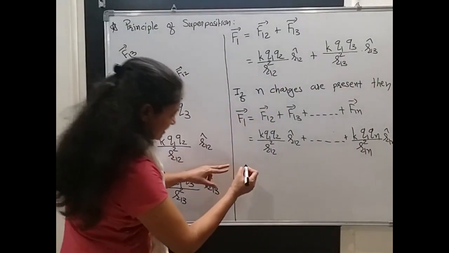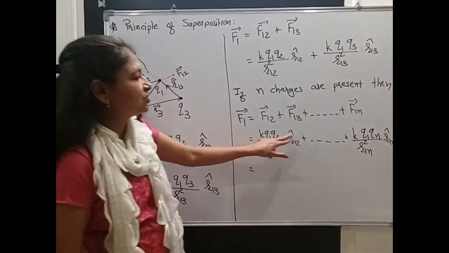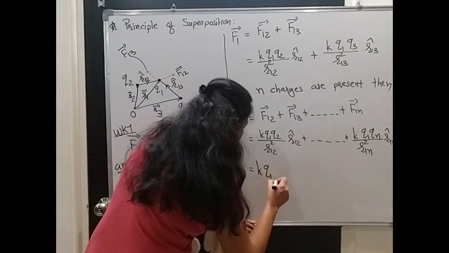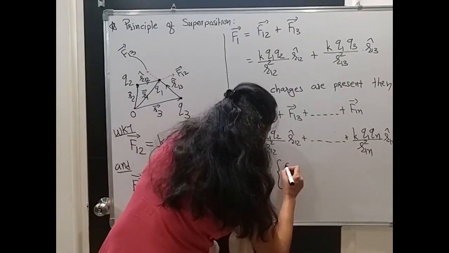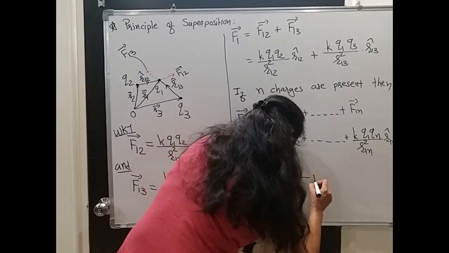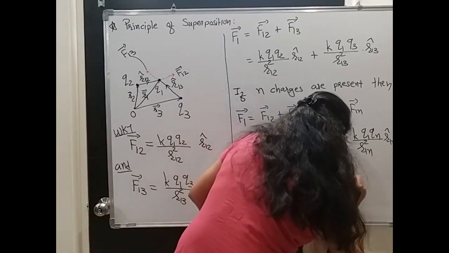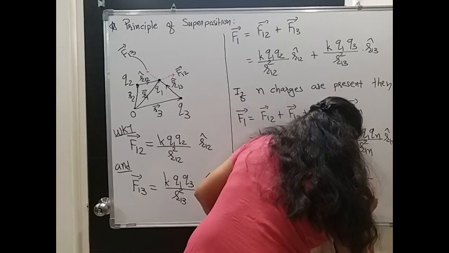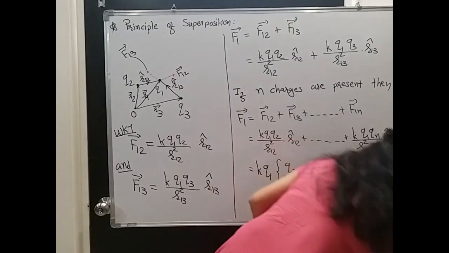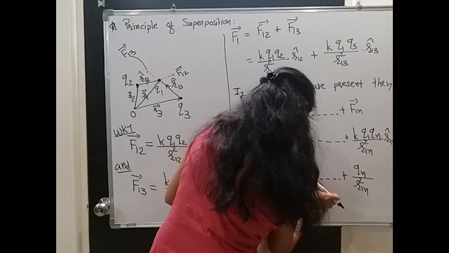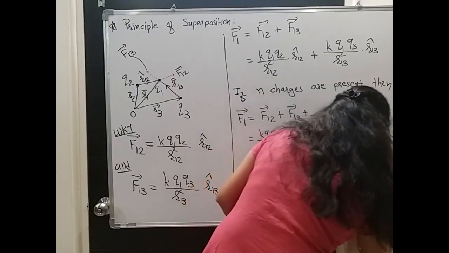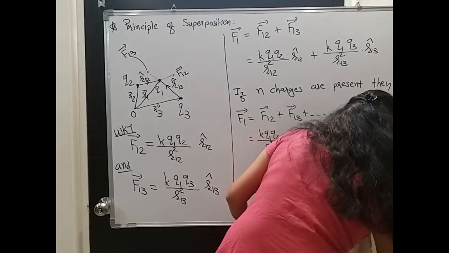Okay, from this I can take, see, each term contains KQ1, so I will take KQ1 common. What is left? It is Q2 upon R12 square up to Qn upon R1n square. Here I have to put unit vector R12, here unit vector R1n.